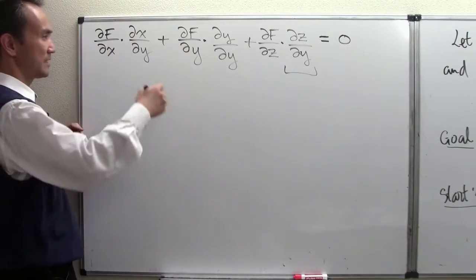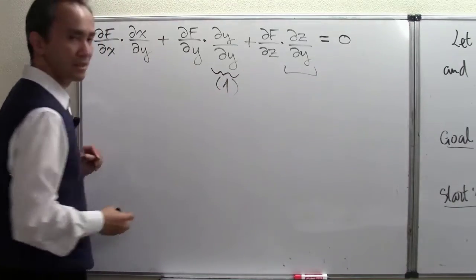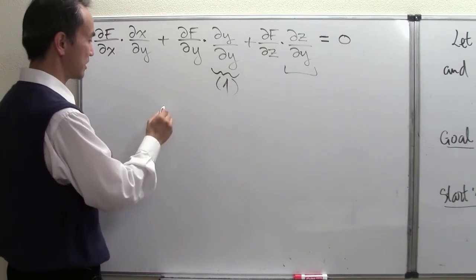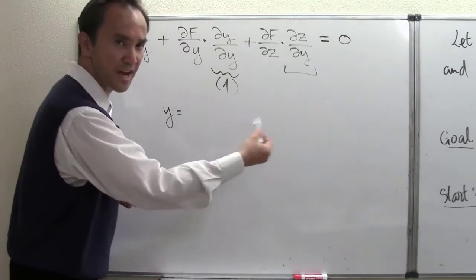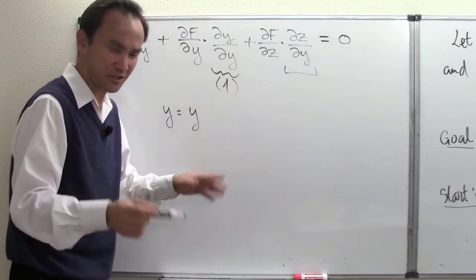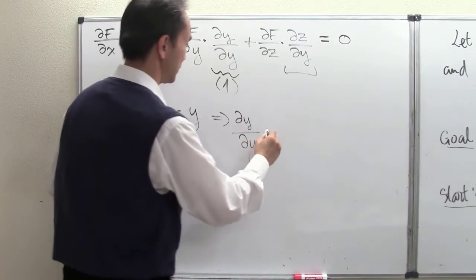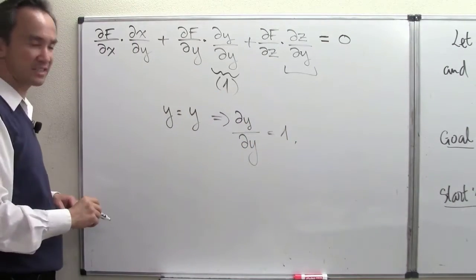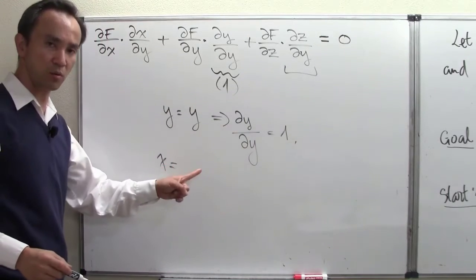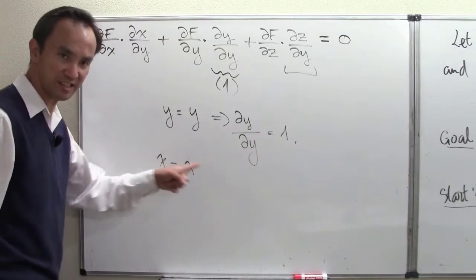So just like that, this will be 1. Okay, and a very similar explanation, maybe I can throw it in one more time here. y is supposedly a function of x and y, but it's really y equals y. That's ridiculously simple. So that means dy dy equals 1. That's why we have that. And then x supposedly equals a function of x comma y, but that function there is just x. x equals x.